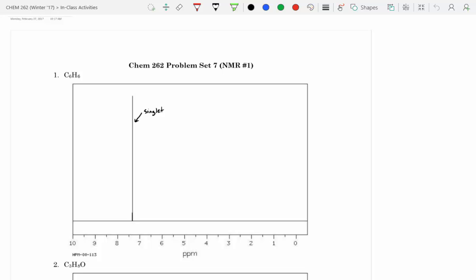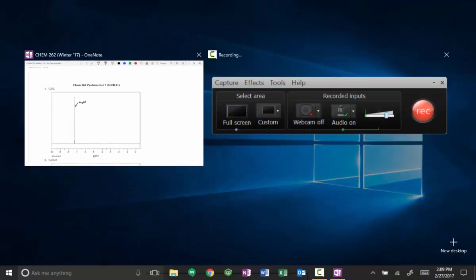The fact that we're only seeing one peak means we've got some sort of symmetry going on. What do you guys think this molecule might be? Benzene, right? So this is kind of the systematic way you've got to go through these, but what I'm going to do is hand out these worksheets, and I really recommend working on these together. You can work on them overnight too, and I'll have a new set ready for you guys tomorrow as well. All right, let me shut this down.